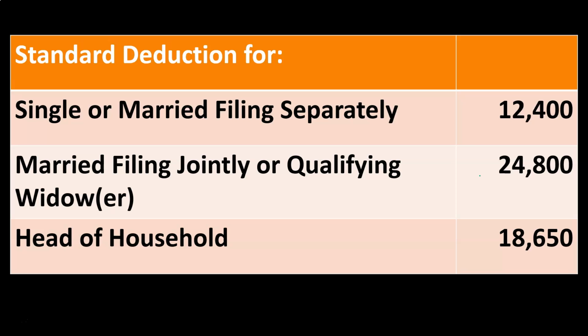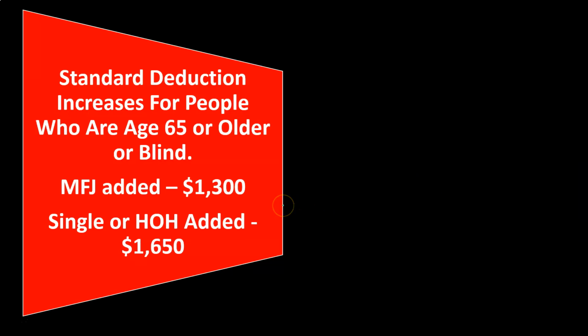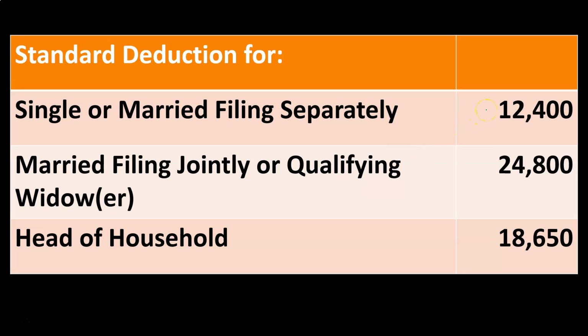You might not have these numbers exactly in your mind, but you might think that's around 1,500 on basically any filing status. So you might say, okay, single is 12,400. If they're over 65 or blind, it would be somewhere around another 1,500 on the deduction. If it's 24,800, married filing joint, about another 1,500 or something like that.